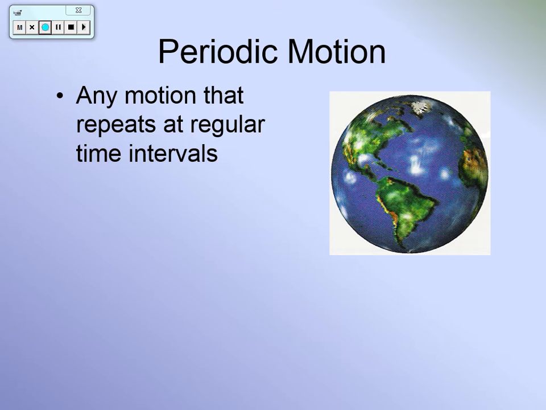So, if we have a disturbance that happens periodically at the same interval, it will do work at the same interval, and it will create waves at the same interval. All right? So the description of the periodic motion also describes the waves that are created by the periodic motion.